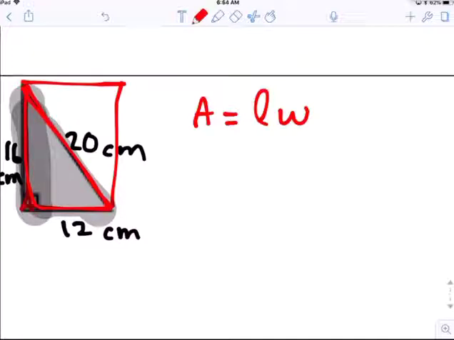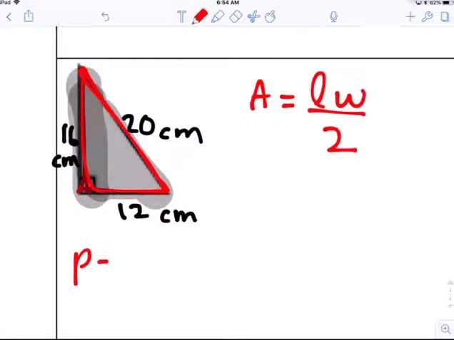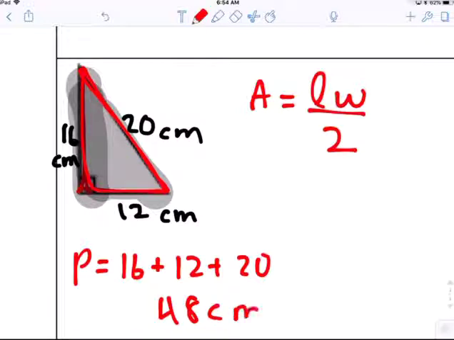See our fence, not over here. So that's half of it, so we divide it by 2. So perimeter is 16 plus 12 plus 20. You get 48 centimeters.